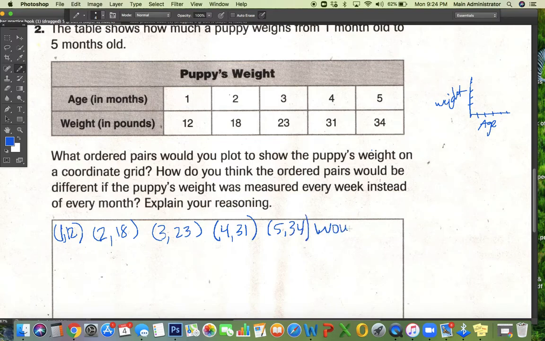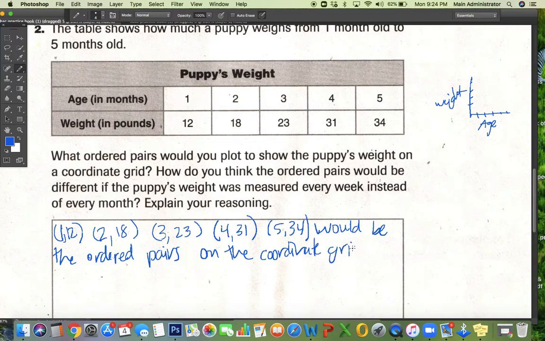Would be the ordered pairs on the coordinate grid. How do you think the ordered pairs would be different if the puppy's weight was measured every week?